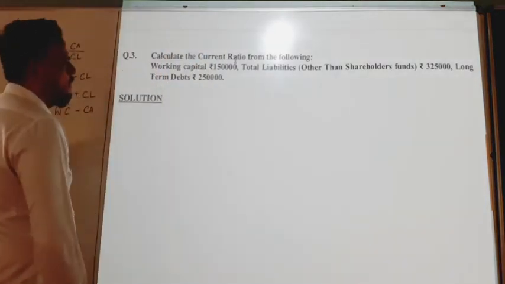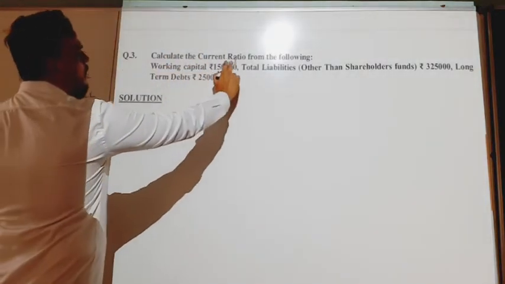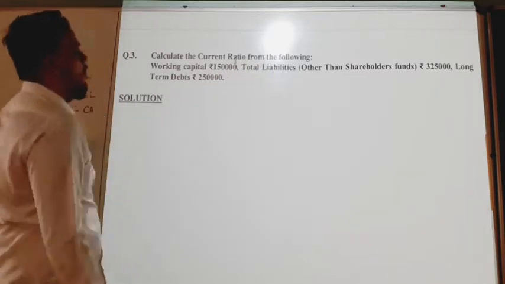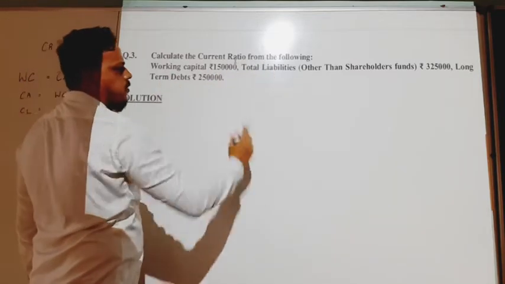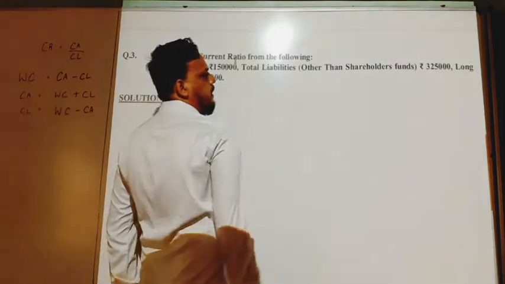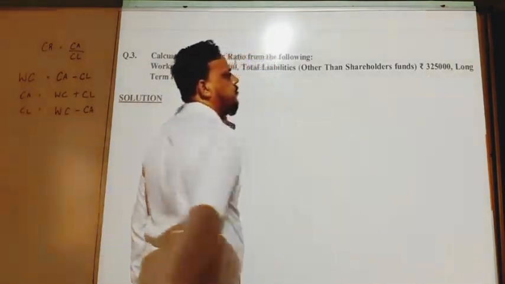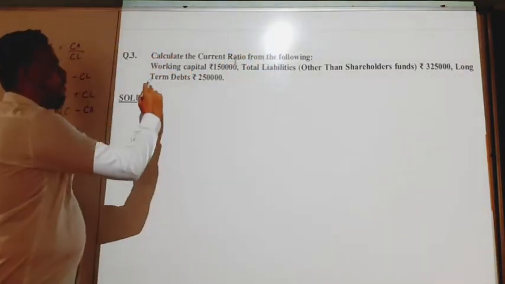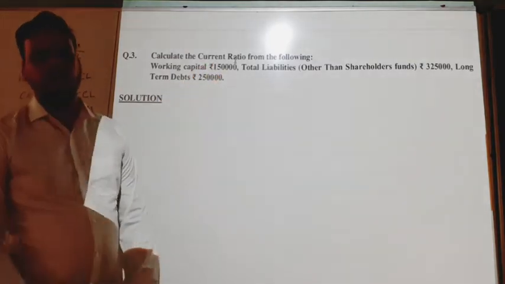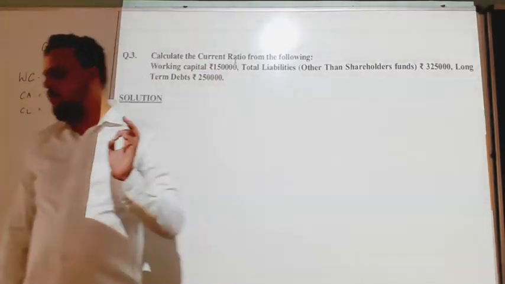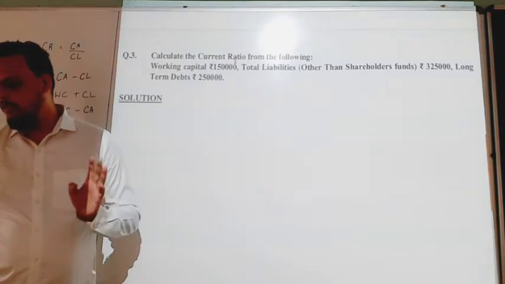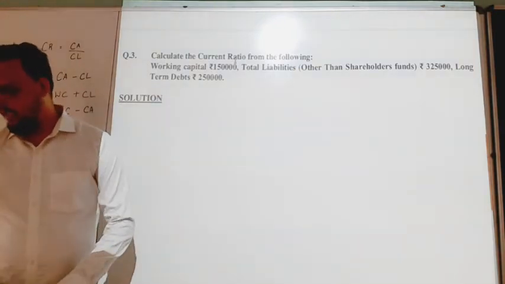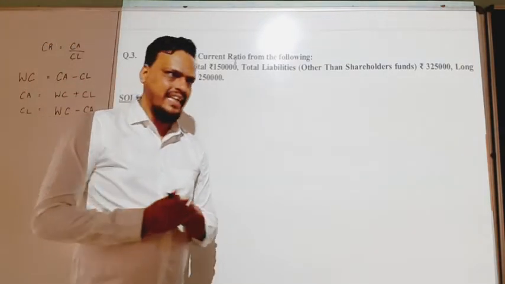Just read the question carefully. Calculate the current ratio from the following. Working capital is 1,50,000. Total liabilities other than shareholders' fund are 3,25,000. Long-term debts are 2,50,000. This much information has been given to you. First, you have to find the exact current liability.